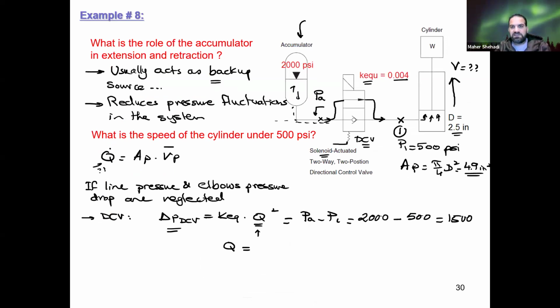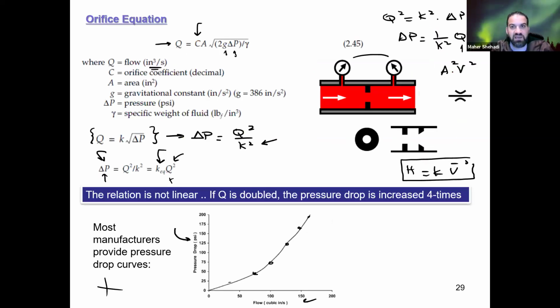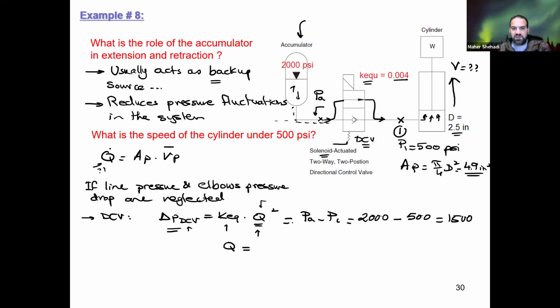Because K is not like the other coefficients, it does have a unit which depends on delta P and Q. But assuming the pressure is in PSI, and Q in inch cubed per second, that's good. So Q will be the square root of delta P divided by K equivalent. So delta P is 1500 PSI divided by 0.004.